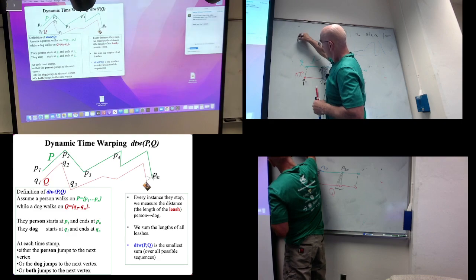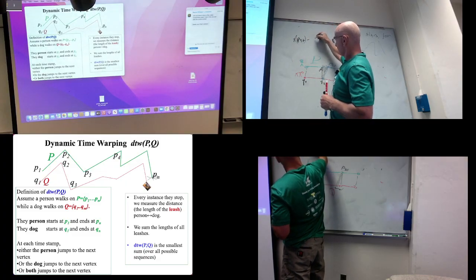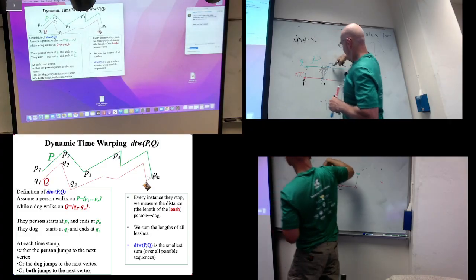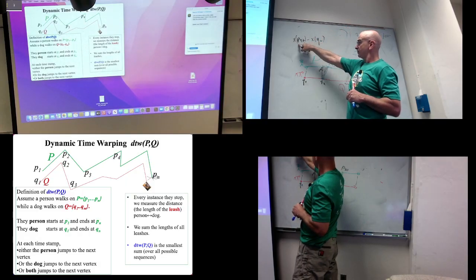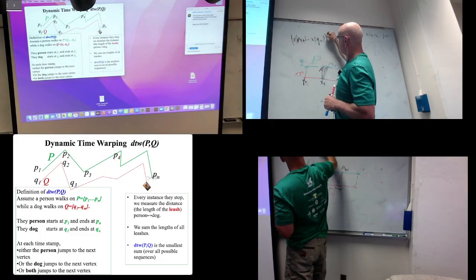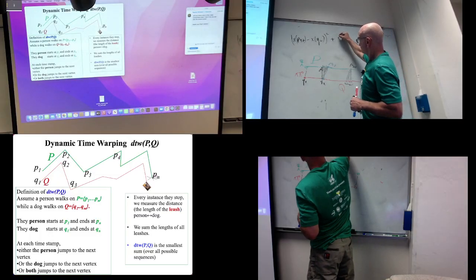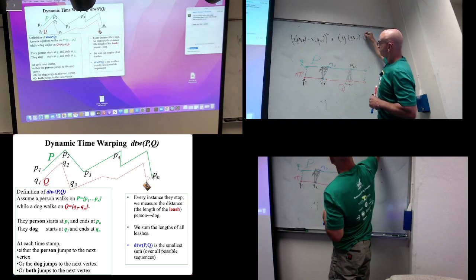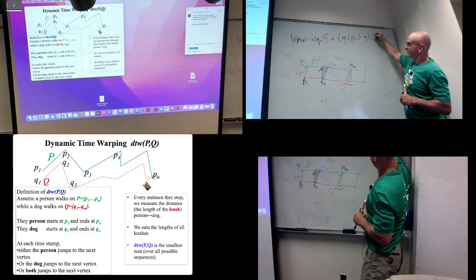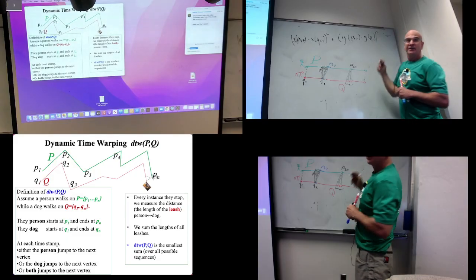It would be x of P17 minus x of Q2, the x coordinates of these points, this distance squared, plus y of P17 minus y of Q2, all of it squared, and then the square root.